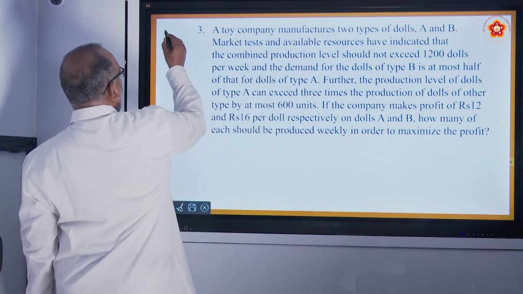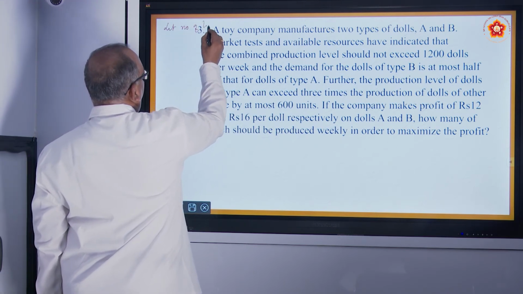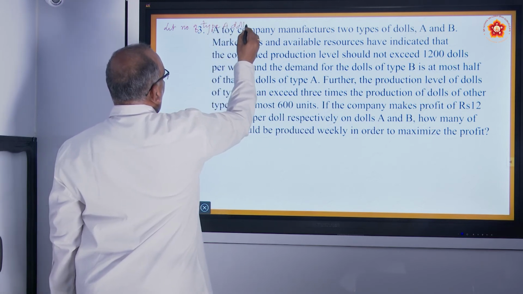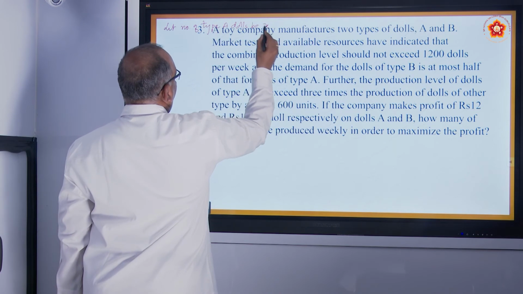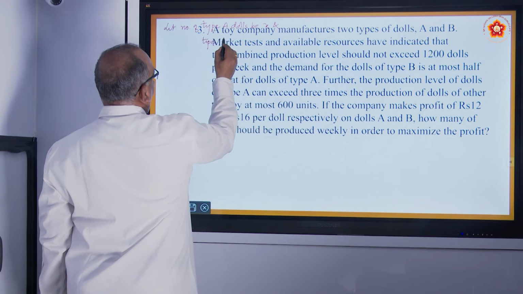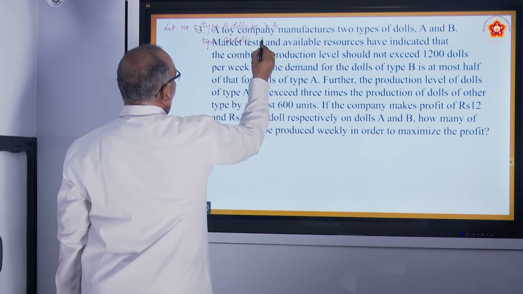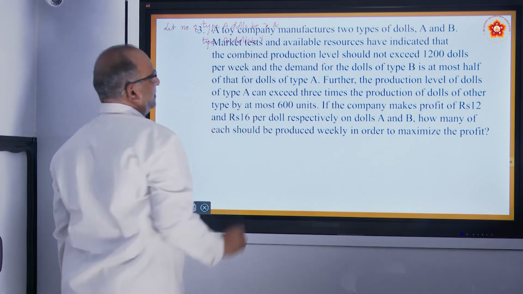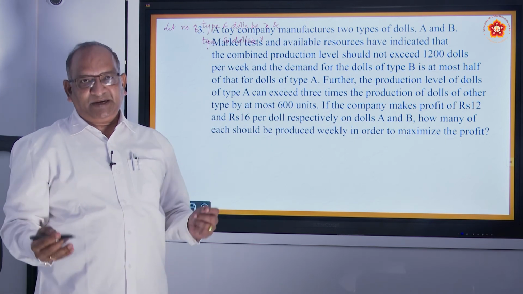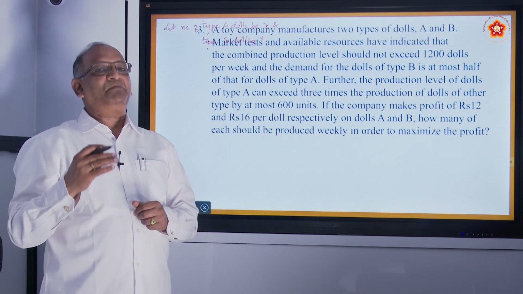Let the number of type A dolls be X and type B dolls be Y. We are assuming that the company is producing X numbers of type A dolls and Y numbers of type B dolls.